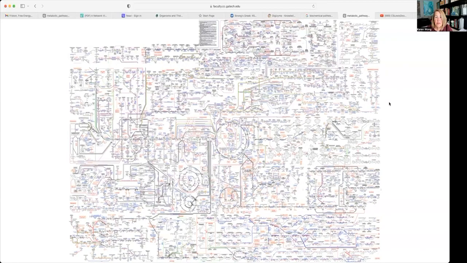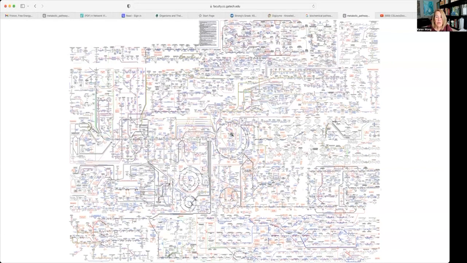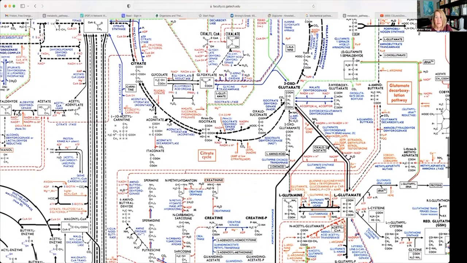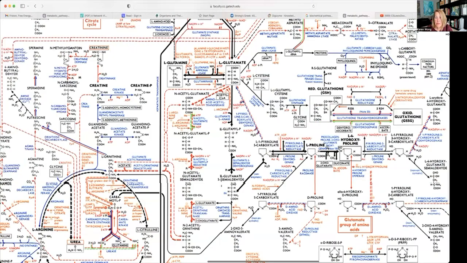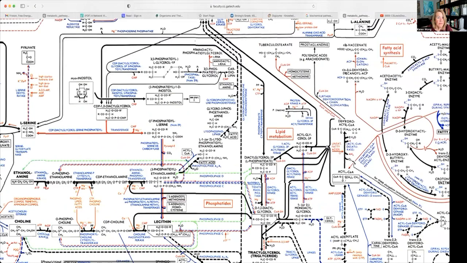Well, if I could, here's the metabolic pathway chart. I'm going to show you what happens when you click on this. You can see all of this information here, and you can scroll around, and all of this is what's going on in metabolism.